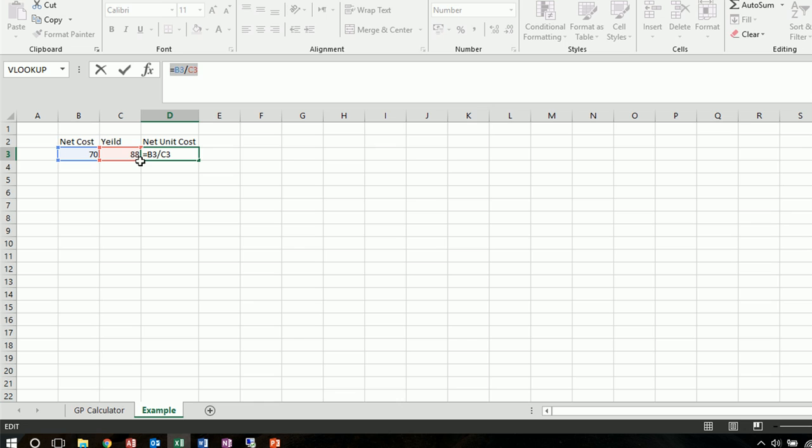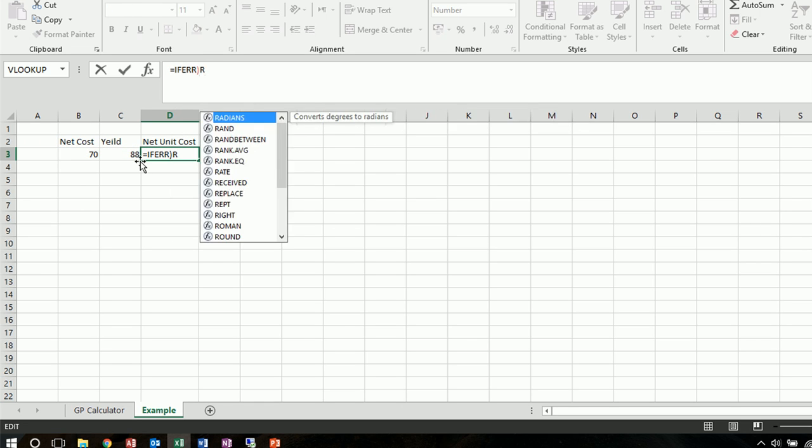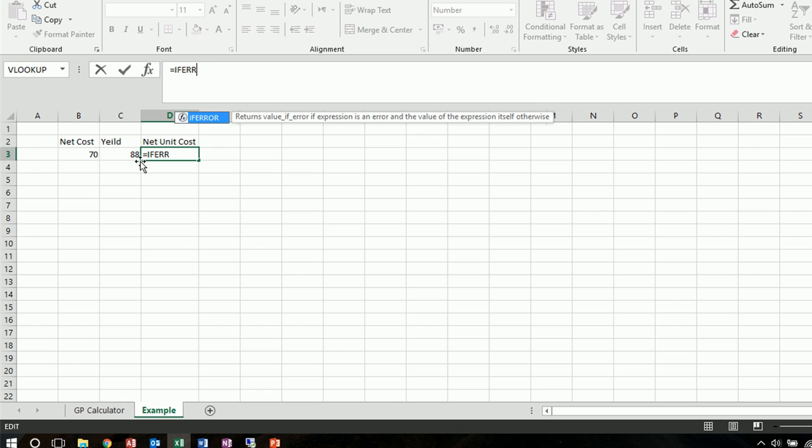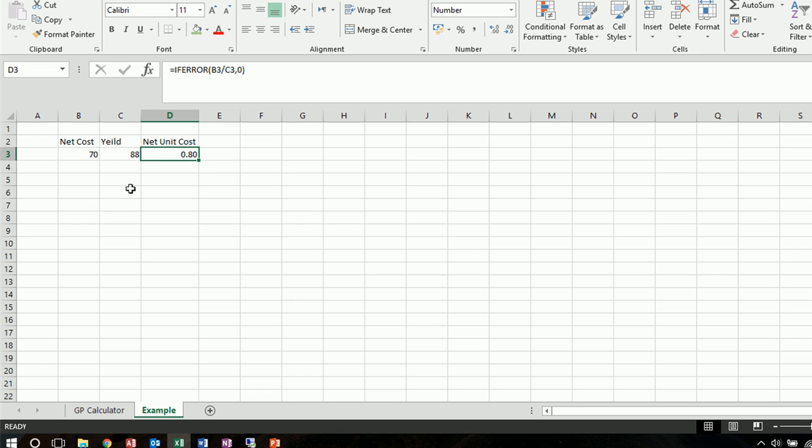So it would be equals IF error, and then we just do exactly the same. We do this divided by that, and then we can do this. So if I take this out now, I just get a naught. I don't get the horrible div sign.